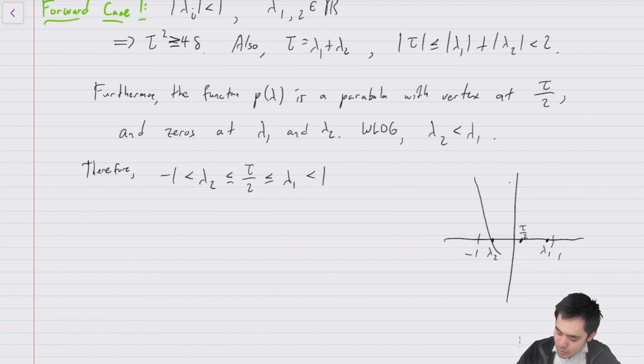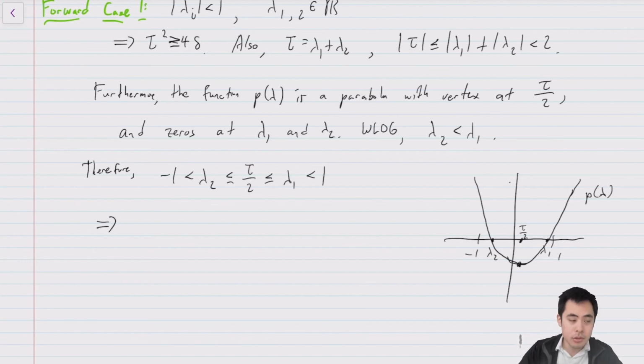Then your parabola looks something like that, where this is your vertex. And so this is p of lambda. Okay, but anyway, so we have that lambda 1 and lambda 2 are between minus 1 and 1, obviously.